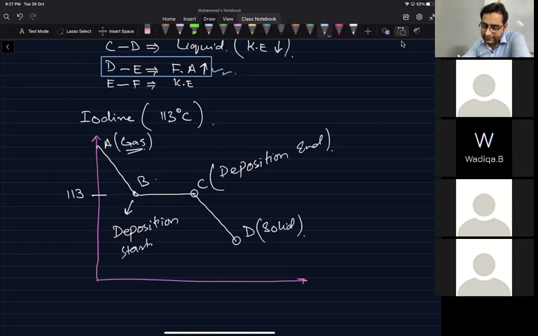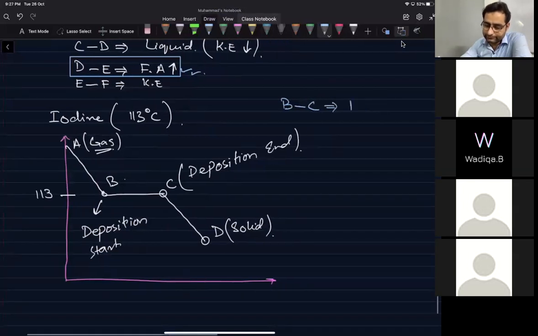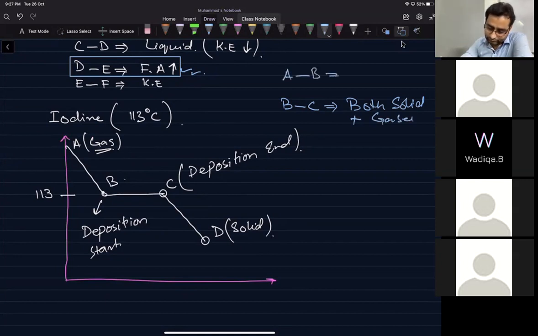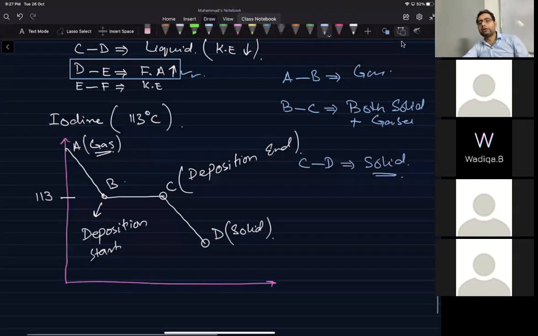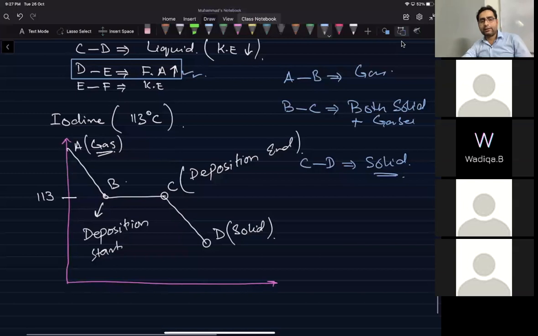So between B and C, both solid and gases are present. And between A and B, there is a gas. And between C and D, the state of matter is solid. So this was about the cooling curve for these sublime materials.